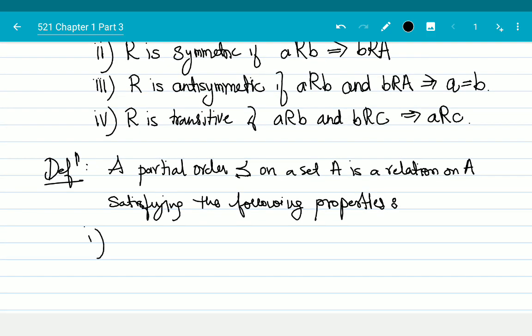First, reflexive. A is smaller than or equal to A for every A in A. Second, anti-symmetric.